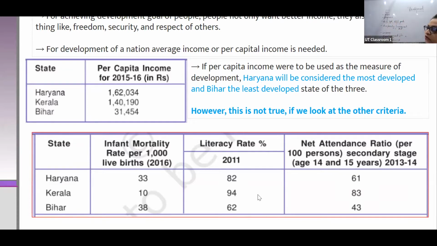So for achieving development goals, people not only want better income, they also want non-material things like freedom, security, and respect of others. So what do people want? Income. Yes, they want. This is material. But what are the other things that they want? Freedom, security, and respect.